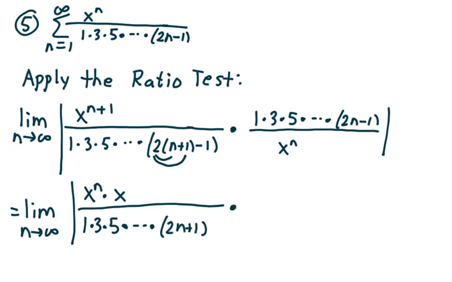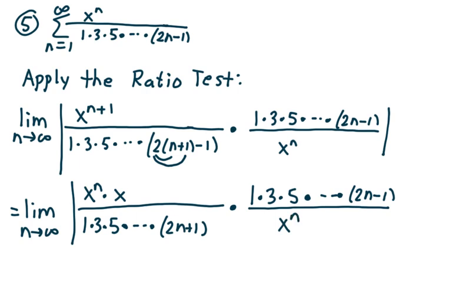And then I multiply by 1 times 3 times 5 all the way through until 2n minus 1 divided by x to the n. Now, if it helps to make this make sense, I would suggest to put the factor in before 2n plus 1. Okay? We already know the x to the n's are going to cancel.